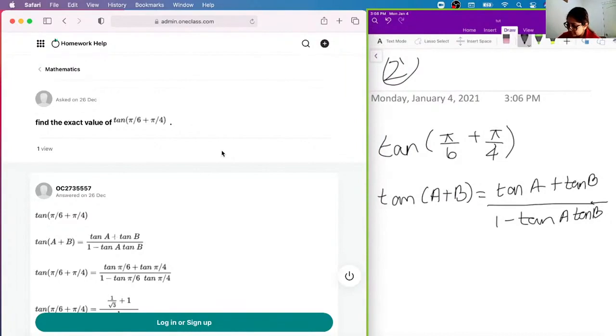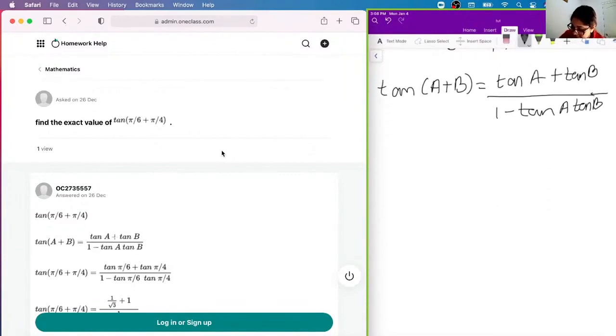So we can rewrite this by saying tan of pi over 6 plus pi over 4 is equal to, so let's say that A in this case is pi over 6 and B is pi over 4. We just substitute it into this equation.